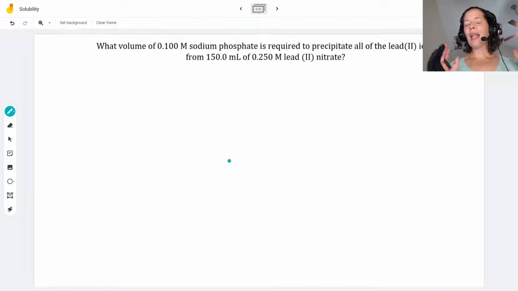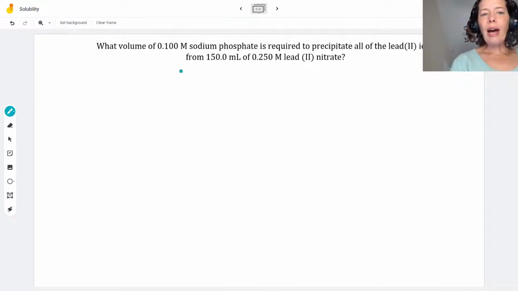Okay, so we've got a lot of information because we've got some concentrations, we've got some volumes, we've got a couple of different compounds floating around. Let's go ahead and get a balanced chemical equation, and I'm going to do a balanced molecular equation for this.